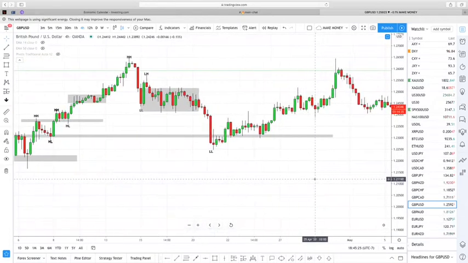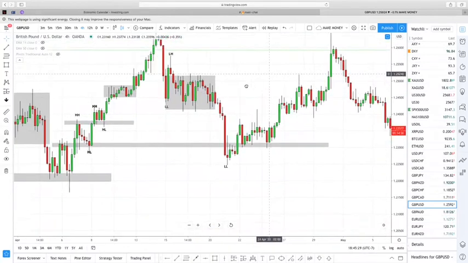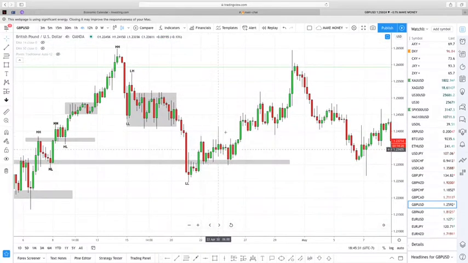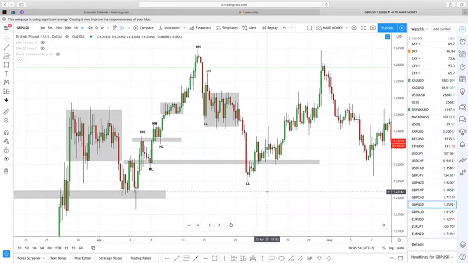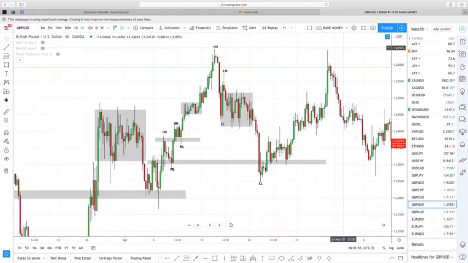Now, since we do have a market reversal, even though these highs are lower than this other higher high, these would still be classified as higher highs and higher lows because these are being indicated as a market reversal, okay, back to the upside.